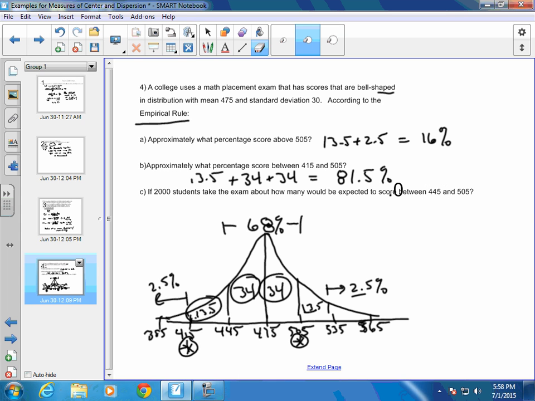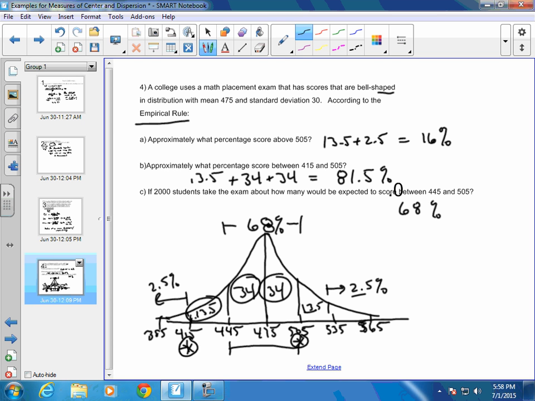But for 445 to 505, let's first get the percentage. Between 445 and 505, we're looking at 68%. That's actually one of the values the empirical rule gives us exactly.